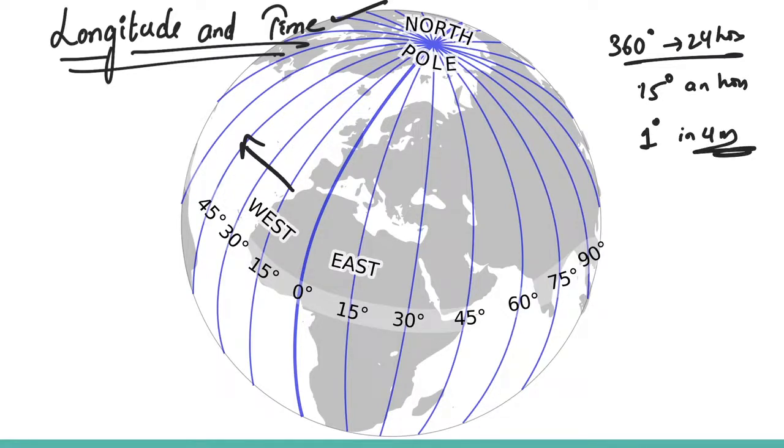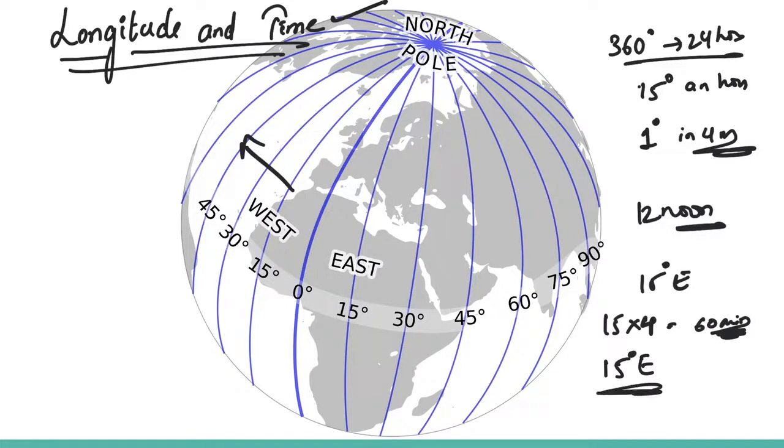And thus, when it is 12 noon at Greenwich, the time at 15 degrees east of Greenwich will be 15 times 4, that is 60 minutes. The place 15 degrees east will be 60 minutes ahead of Greenwich time, and at 15 degrees west, it will be 60 minutes behind Greenwich time.